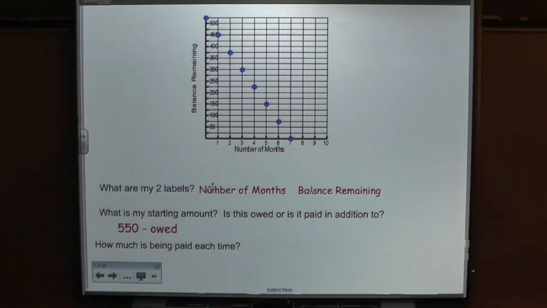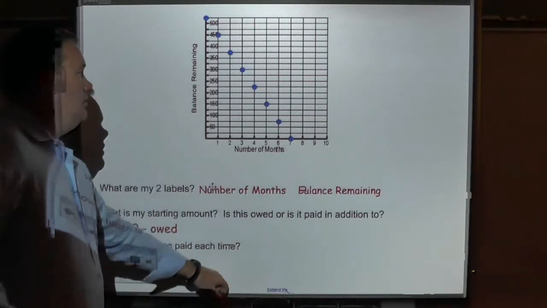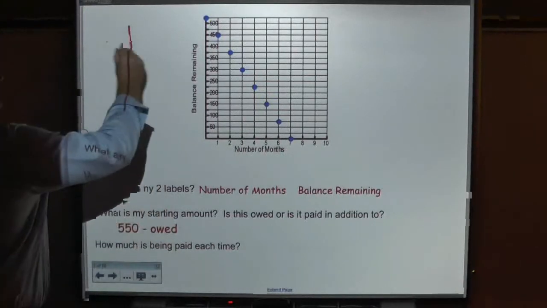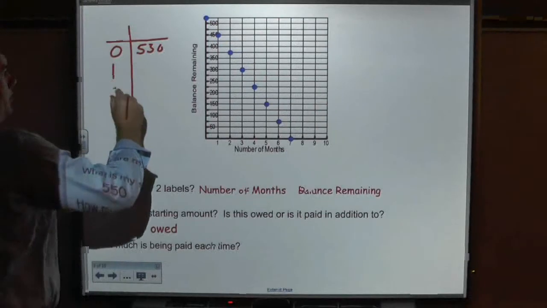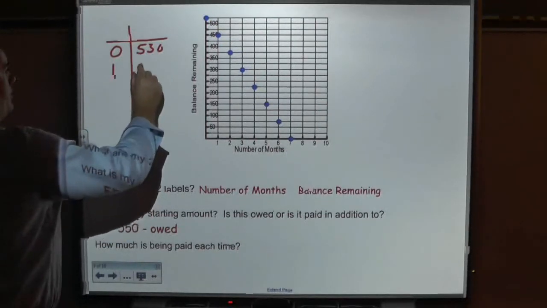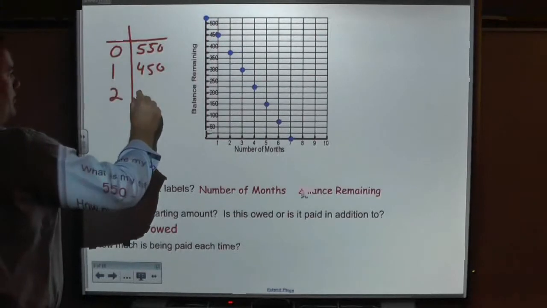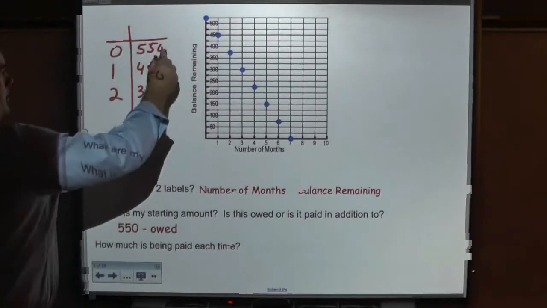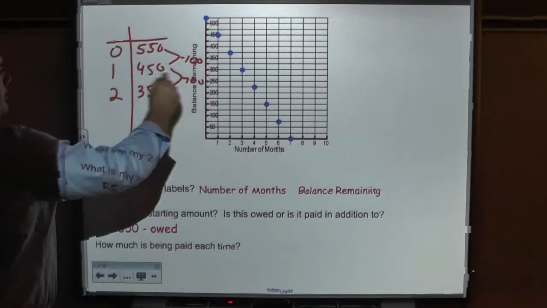Now, how much is being paid off each time? Well, if you want to, you can actually make a table out of it. Each time you go through, at 0, start at 550. At 1, after 1 month, you go down to 450. 2 months, 350, and so on and so forth. Each time, it's decreasing by 100.